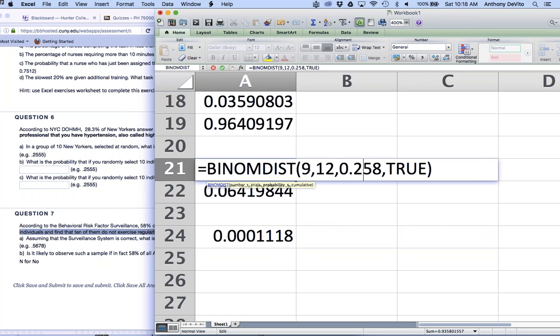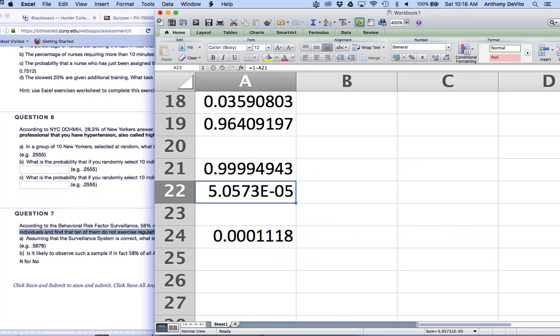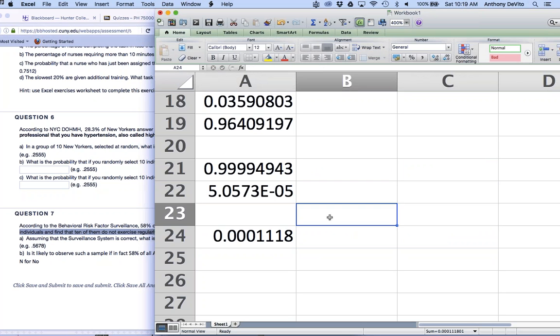Yeah, and I put 9 here on purpose because that's going to give me the probability for 9 or fewer, which would then leave the probability, if I subtract it from 1, for 10 or more, right? So that's why, and that's also vanishingly small, because the probability of 11 or 12 is even smaller than the probability of 10, which is this tiny number. Okay. Thank you for pointing that out.